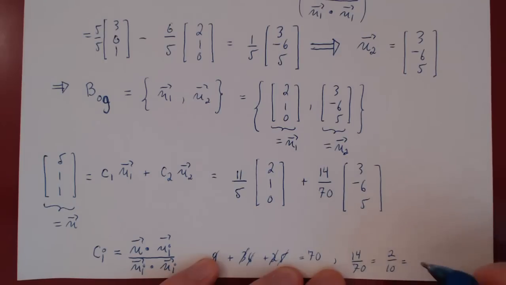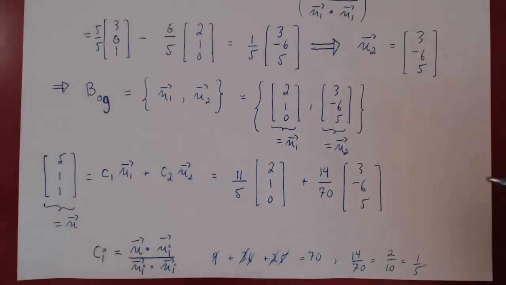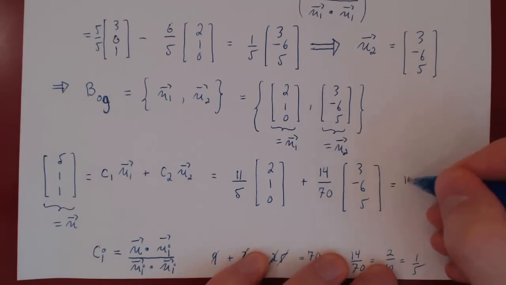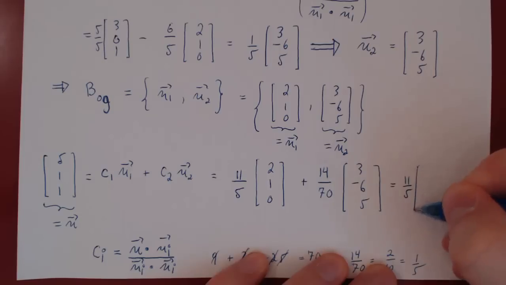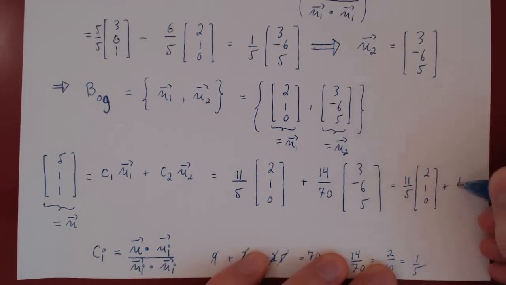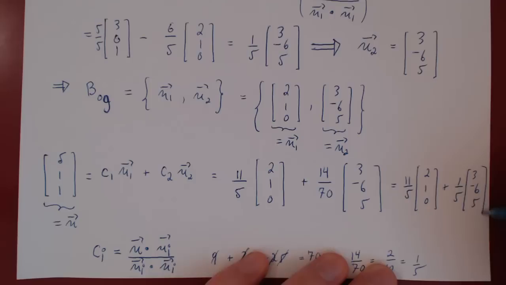We can also cancel a 2, and we're left with 1 over 5. So we'll get 11 over 5 u1, (2, 1, 0), plus 1 over 5 u2, (3, -6, 5).